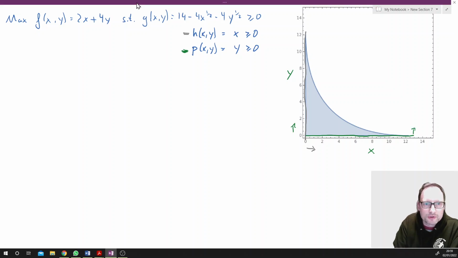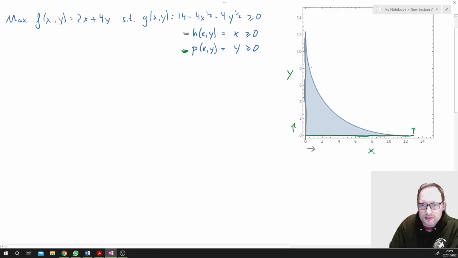And then the blue constraint is indeed that square root function, 14 minus 4x to the half minus 4y to the half. That is basically this function here. So that's the boundary of this function, and we need values below that line.